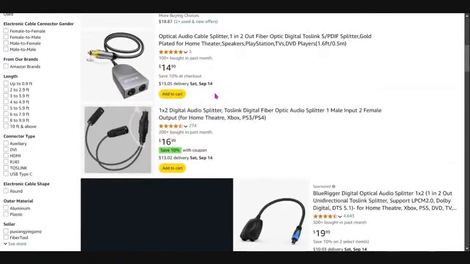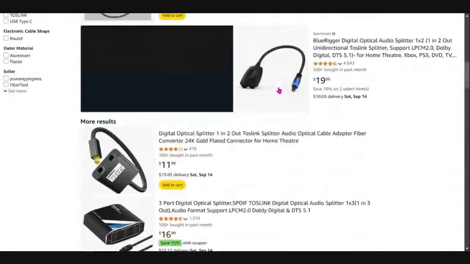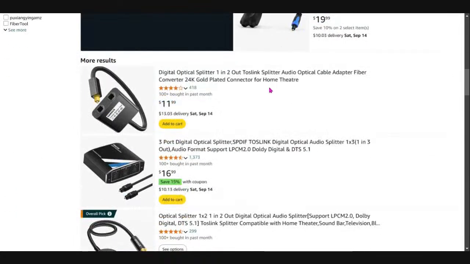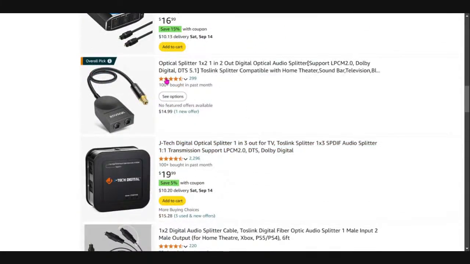Otherwise, you have to use a mirror. I'm just trying to get away from anything that is out in the open, so we can have everything closed and ready to go. Digital optical splitter 1 to 2 out. Optical splitter 1 in 2 out. Digital optical audio. Why are they all audio?